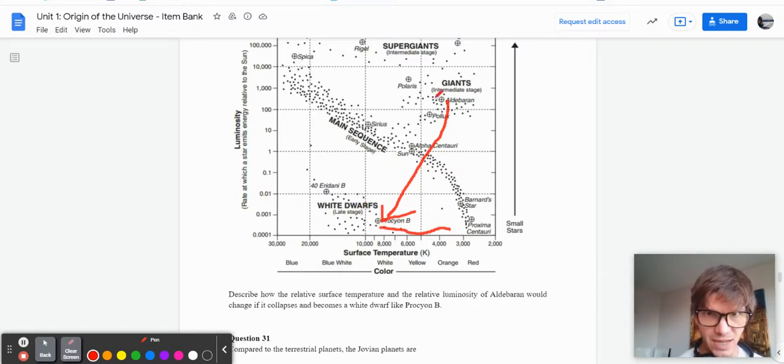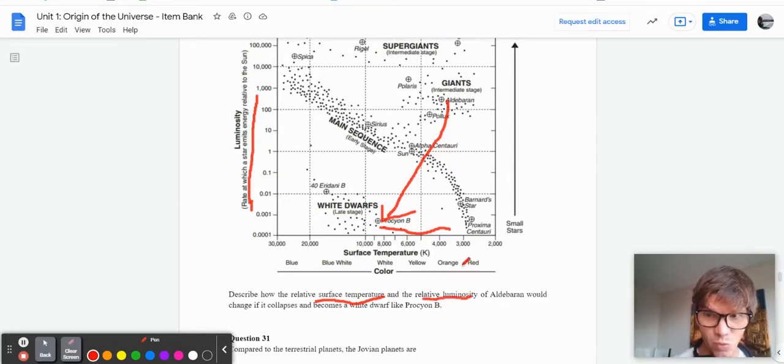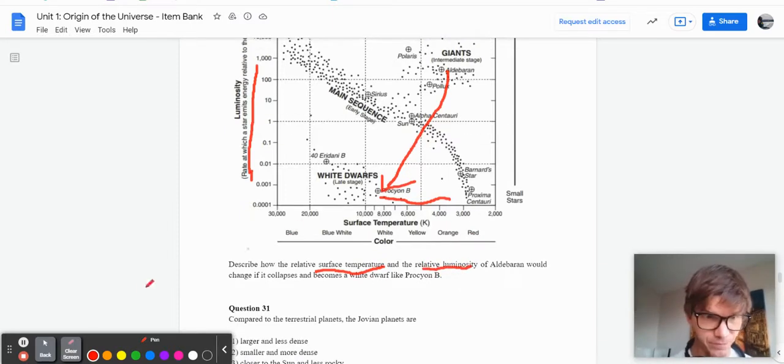And the luminosity would be decreasing from about 200 times as luminous as our sun to about 0.0004 times as luminous as the sun. So the surface temperature would increase, the luminosity would decrease.